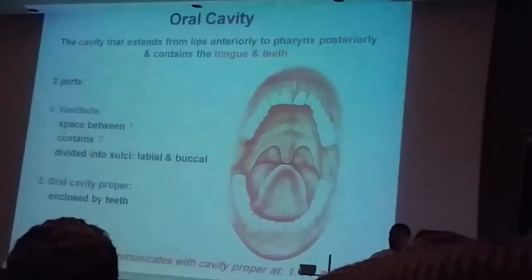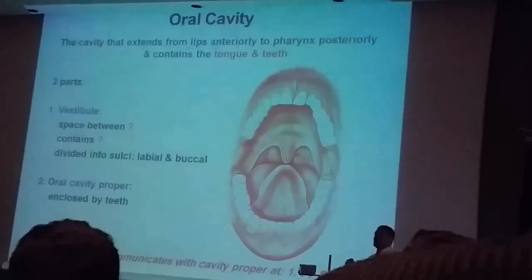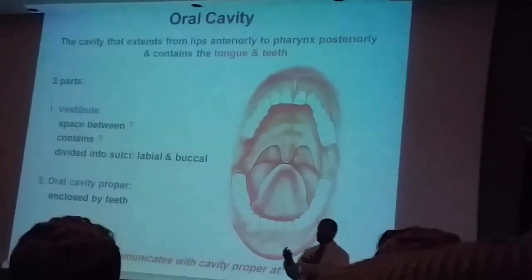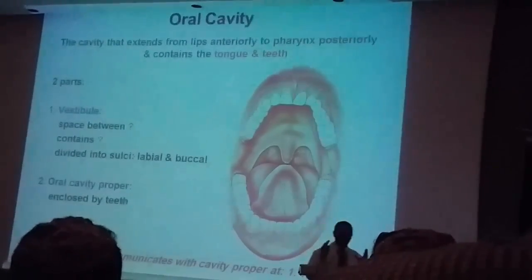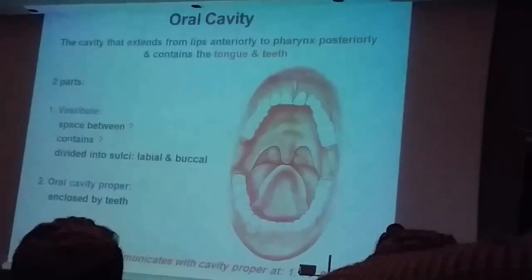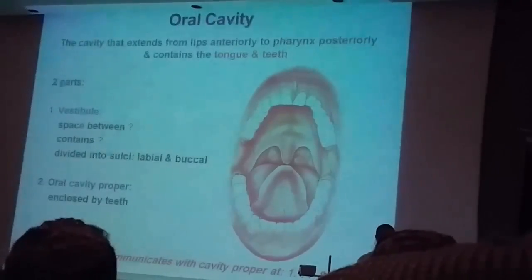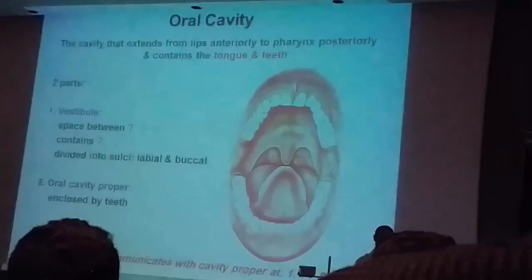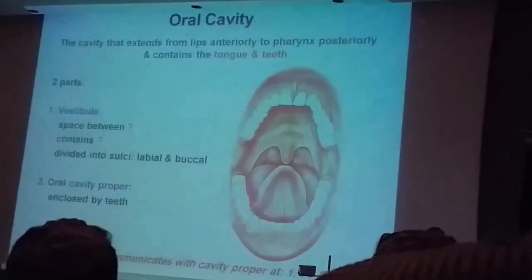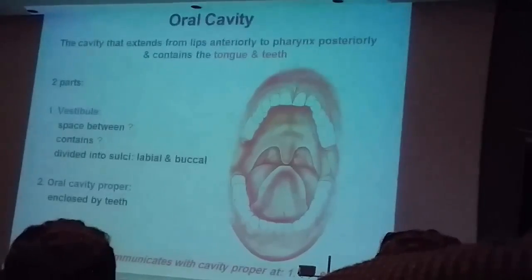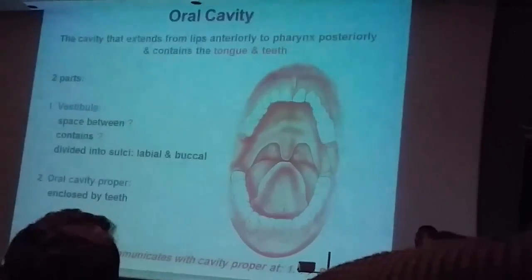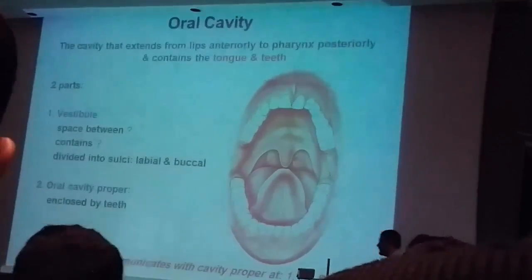So when the mandible is at physiologic rest, that means the muscles of mastication, which control the mandible, are relaxed. You will see that the mandible keeps a space between upper and lower teeth, ranging between 2 to 4 millimeters. This is called the freeway space. It's the space between upper and lower teeth when the mandible is at physiologic rest.